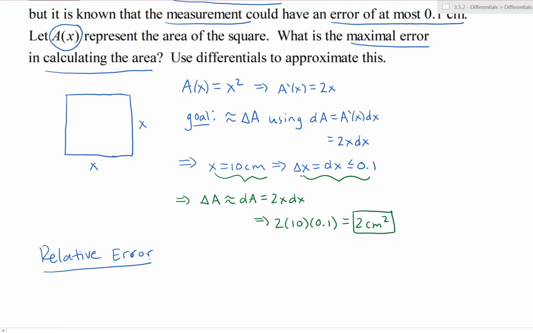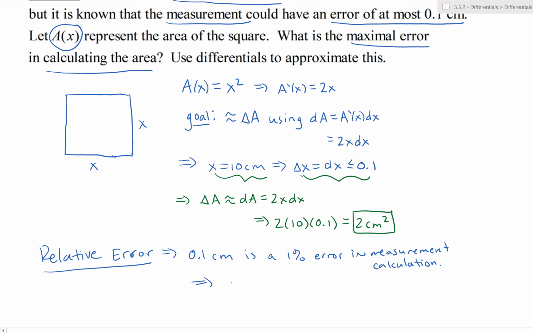Relative error is just asking exactly what we were just asking: how much error is this relative to our measurement? Well, notice that 0.1 centimeters is a 1% error in measurement, say, in measuring the actual side of the square. Now, how do I know that?